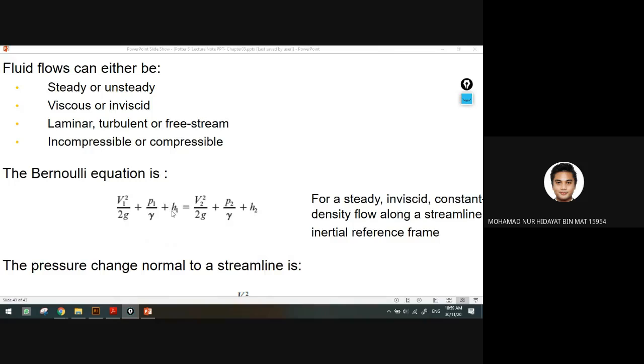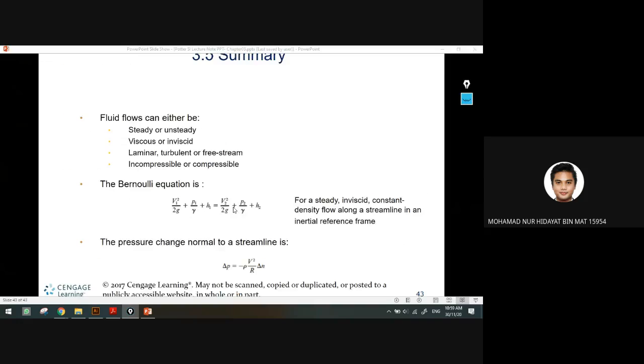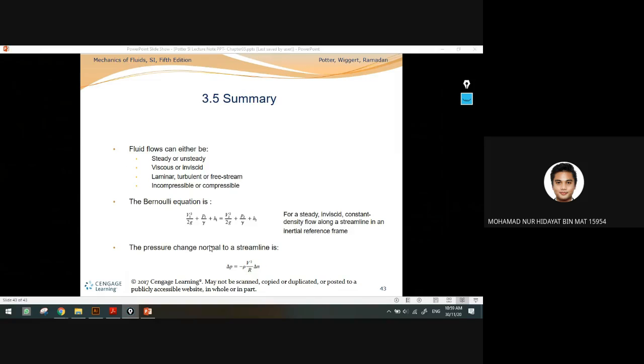This is the potential energy. This is the pressure energy. We combine all these, we get the total head, the total energy. This is between 2 points. And then last but not least is the pressure change normal to the streamline.